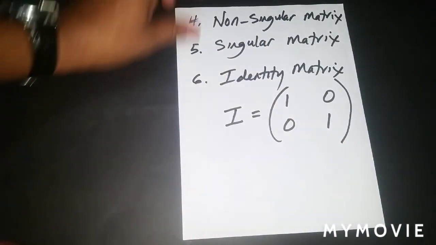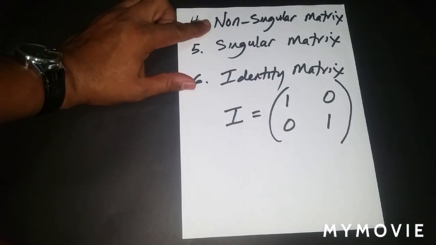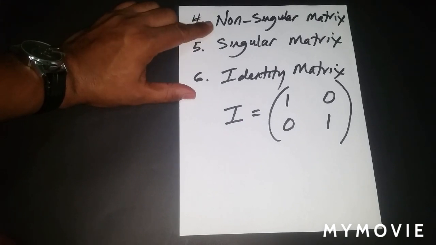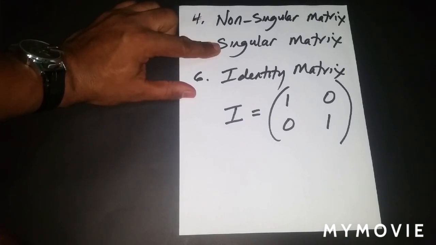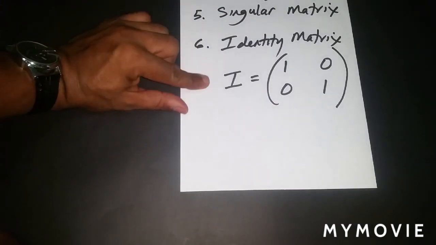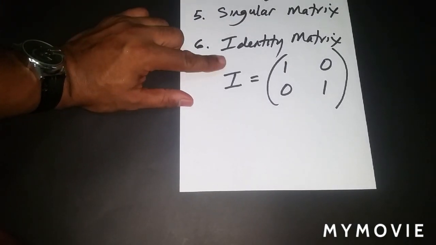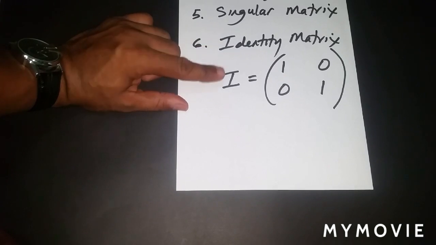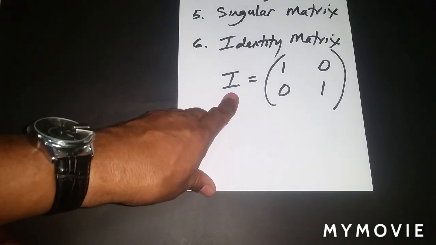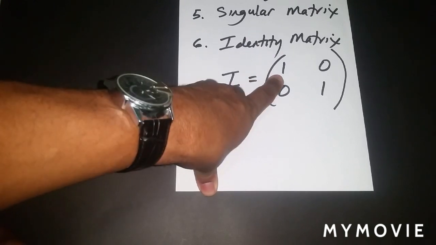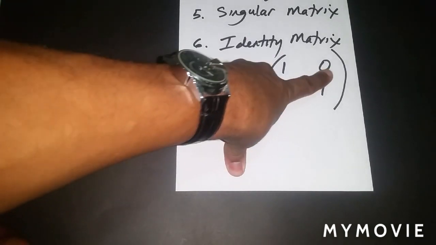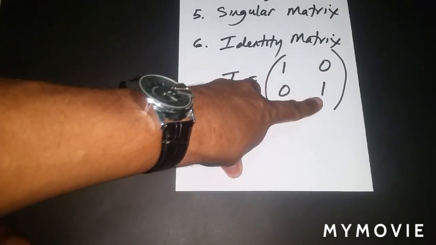And of course, non-singular matrix, I didn't give an example of that. Neither did I give an example of a singular matrix because I'm going to reserve these two for a little later down in the topic, and you're going to come across those again. And of course, the identity matrix, very important matrix. You're not going to see the importance of this matrix until later down. And the letter I is reserved for that matrix, and the elements are specifically and in this order and arrangement: 1, 0, 0, 1.